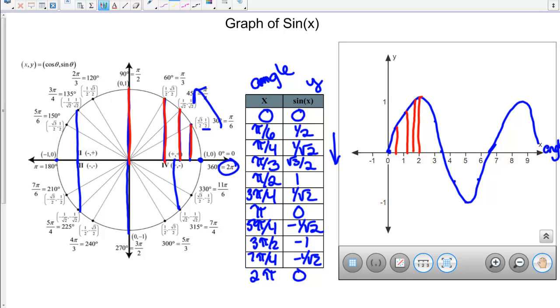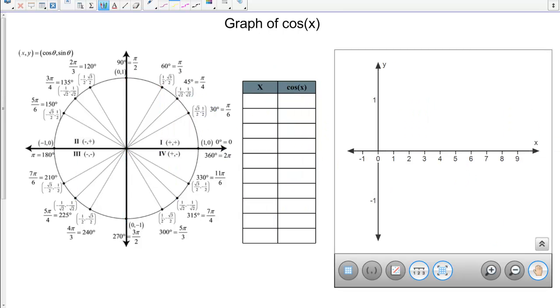And we can do the same thing with cosine of x, but so our x is again our angle, and cosine of x is our width, or our x-coordinate of our unit circle.